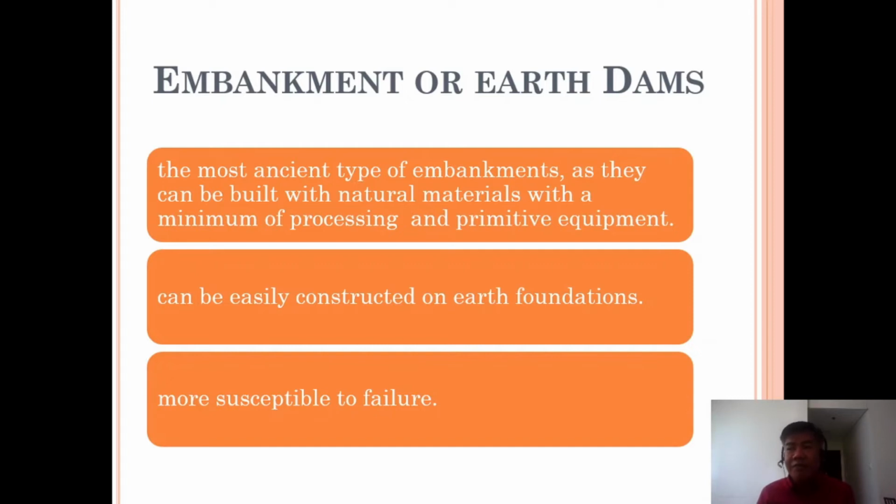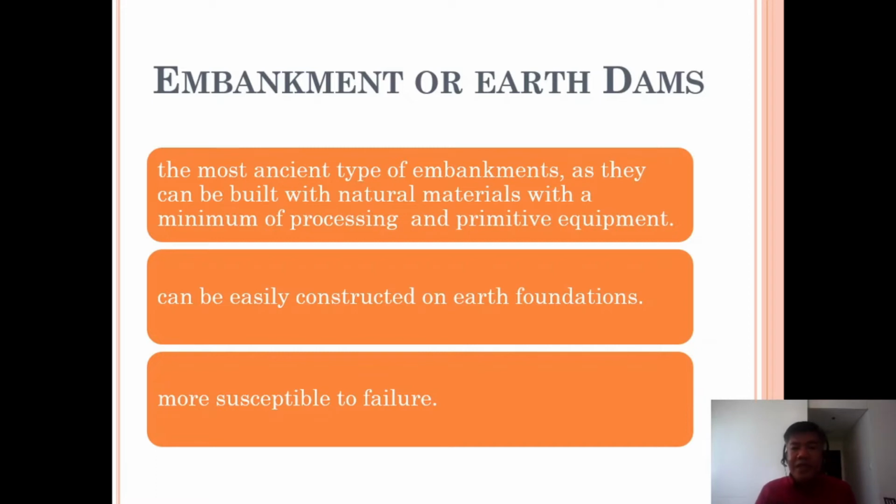Unlike nowadays, we seldom see earth dams in a large area, because dams are made of concrete already, since the objective is not just impounding water alone, but also electricity, domestic water supply, and irrigation. It is already a multi-purpose dam. So earth dams cannot carry the volume of water that is required for that kind of purpose.